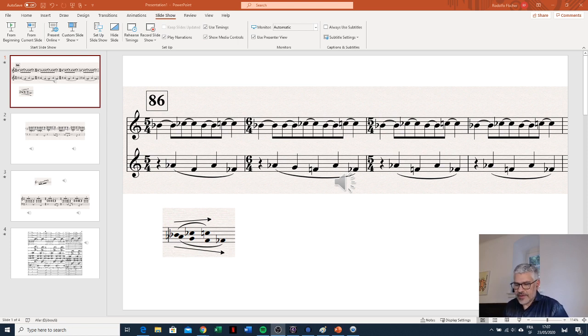This is the moment where you have the muted trumpets going in sort of contrary motion, very gently, and starting this almost like a meditation. I find this place has a little bit of a mantra. It sounds like this.